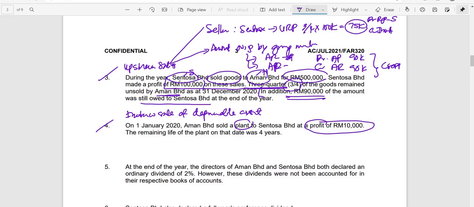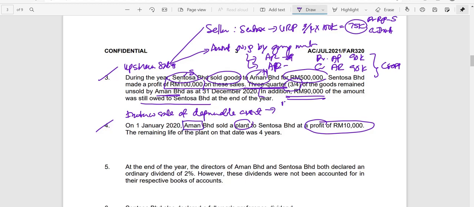So since there is no information telling you about the plant being sold off by Sentosa to the outsider, you assume that it has been still with Sentosa. So for the profit that has earlier been realized, you now need to make provision to that to the unrealized profit, and the seller here is Aman.